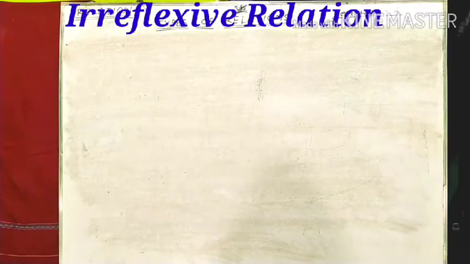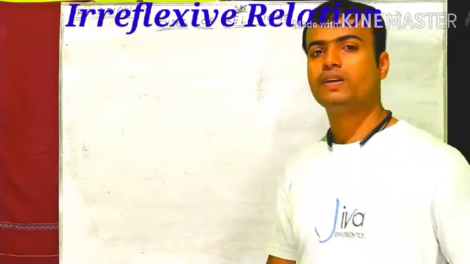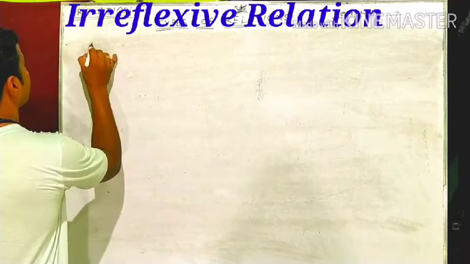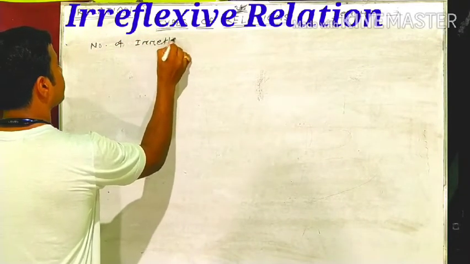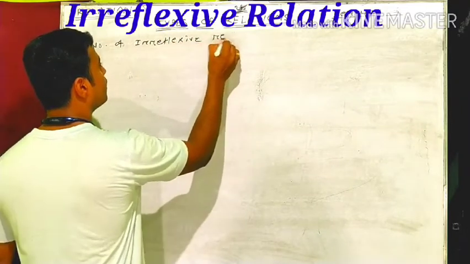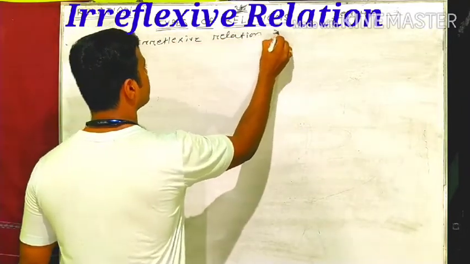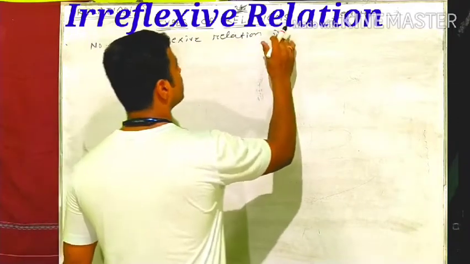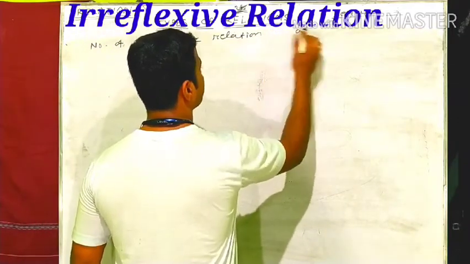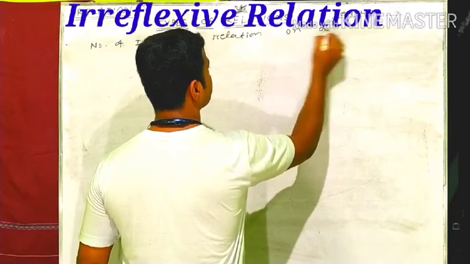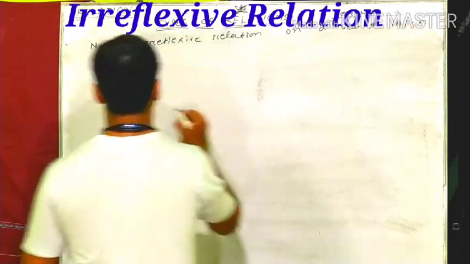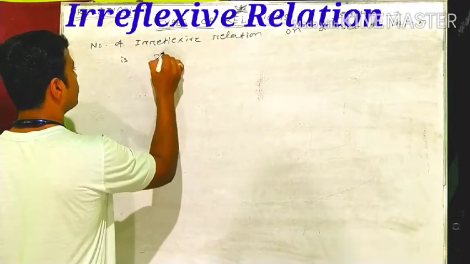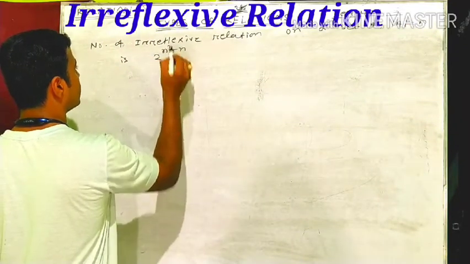So now I discuss the total number of irreflexive relations. The number of irreflexive relations on a set A whose cardinality equal to n is 2 to the power n squared minus n.